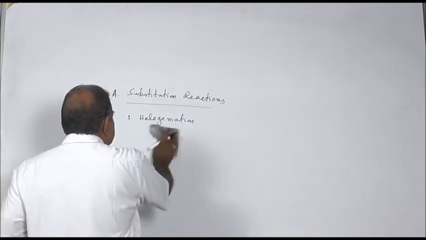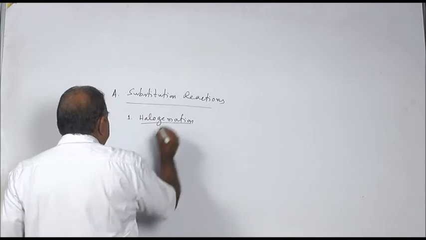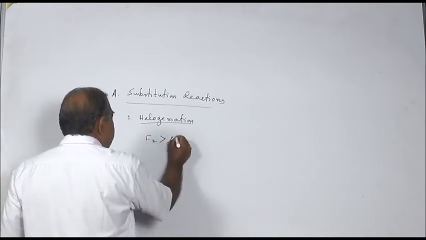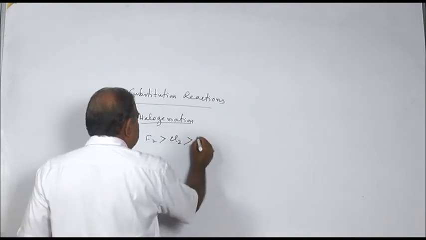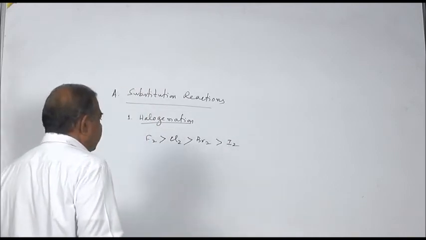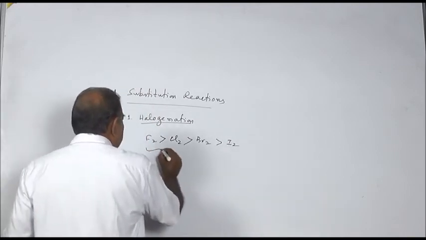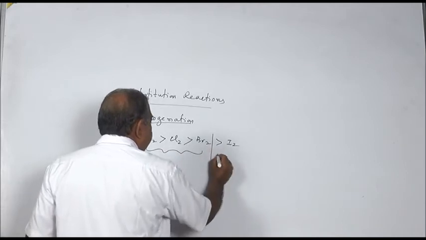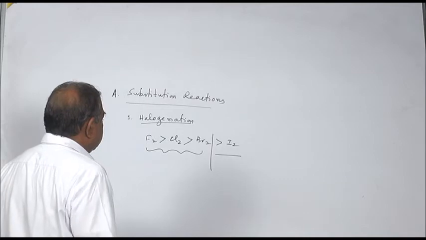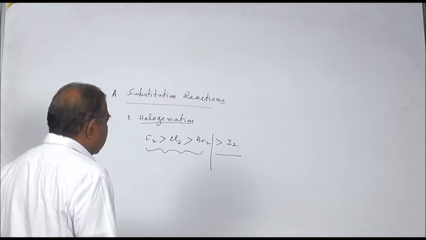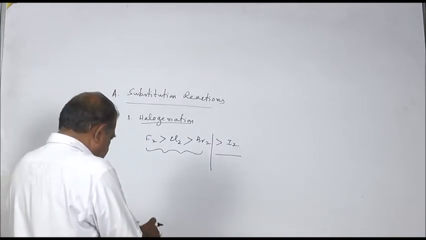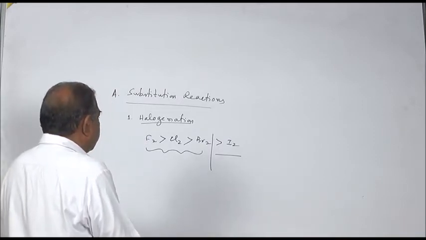To start with, let us discuss halogenation. The rate of reaction of fluorine is greater than chlorine, then bromine, then iodine. It is observed that the reactions of fluorine, chlorine and bromine are on one hand, and iodine on the other. The reaction of iodine is a little different from that of fluorine, chlorine and bromine.